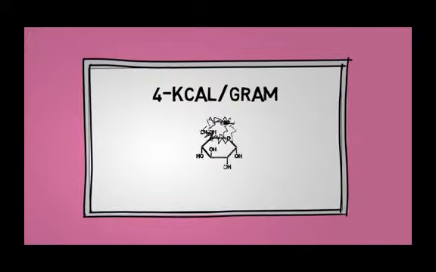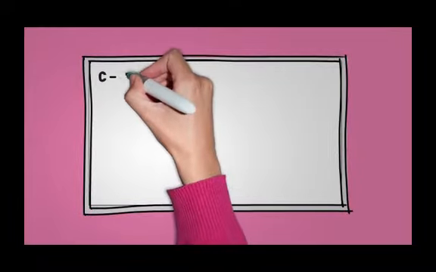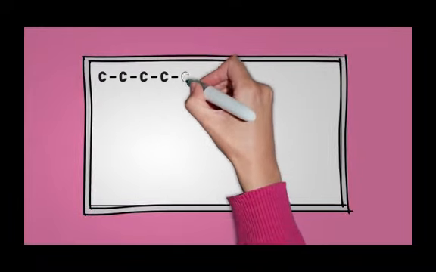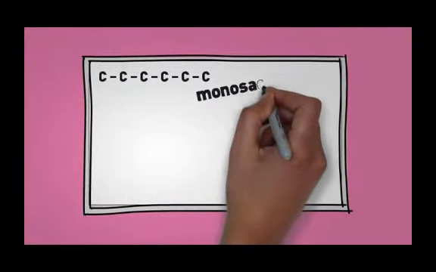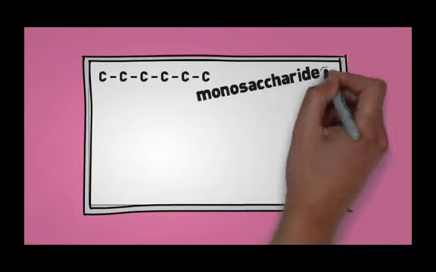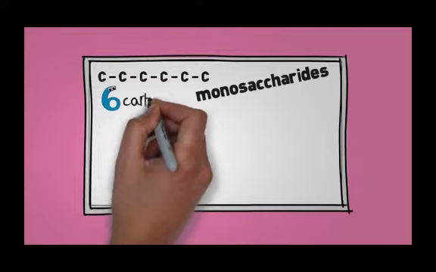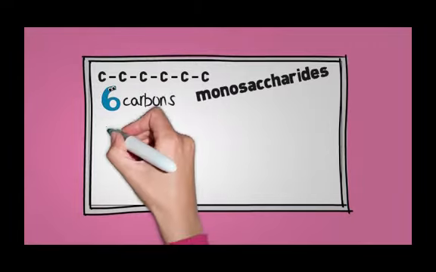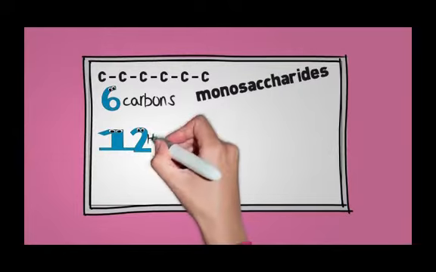Third, carbohydrates are organic, meaning they are composed of molecules containing chains of carbon atoms. They also contain oxygen and hydrogen atoms arranged in basic units called monosaccharides. Chemically, all monosaccharides contain 6 carbons, 12 hydrogen atoms, and 6 oxygen atoms, for a chemical formula of C6H12O6.